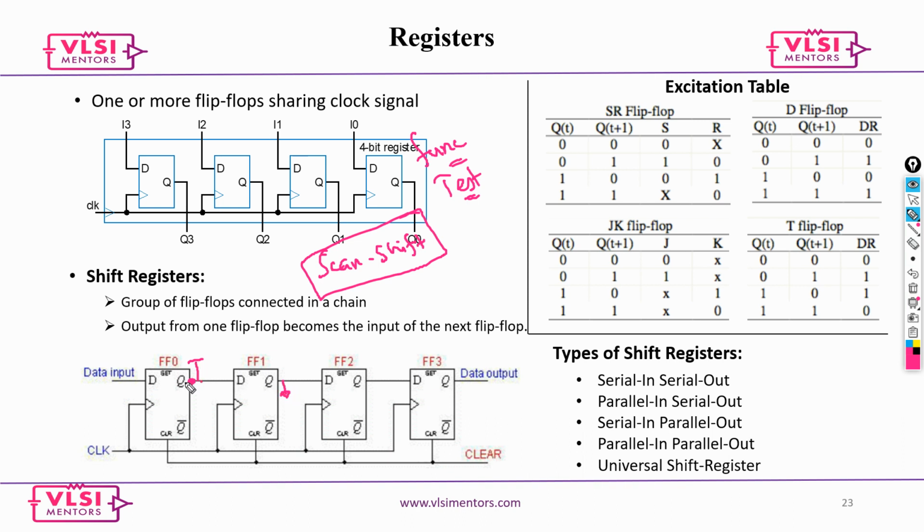Your circuit has to work, right? During IC manufacturing, there are chances that we have something called manufacturing faults. Now we need to ensure that all the registers are working fine. How do we test it? There is a testing mode which is called scan shift.